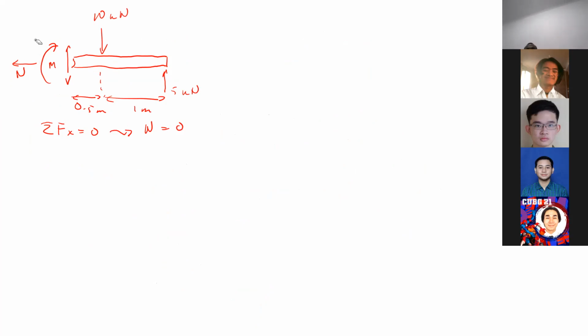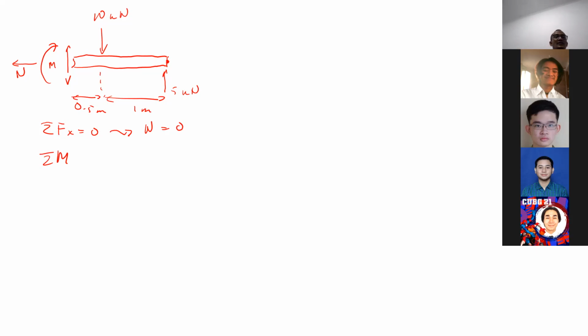And next, which one are we supposed to solve? We can do moment. Sigma moment at which point? At point B, the far right?